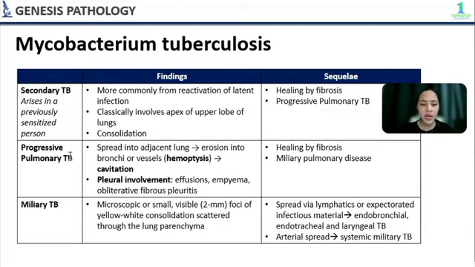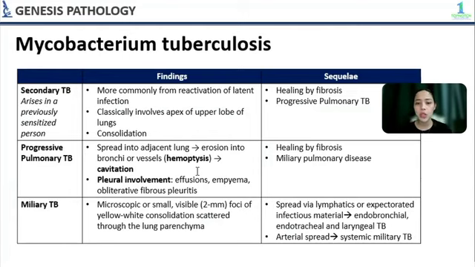Yung progressive pulmonary TB, usually nangyayari to sa mga older adults and sa mga immunosuppressed individuals. So yung apical lesion, nag-e-expand siya into the adjacent lung, nag-e-erode siya doon sa bronchi, sa vessels, and pag na-erode yung blood vessels, it may result to hemoptysis. Also, in progressive pulmonary TB, the pleural cavity is usually involved.